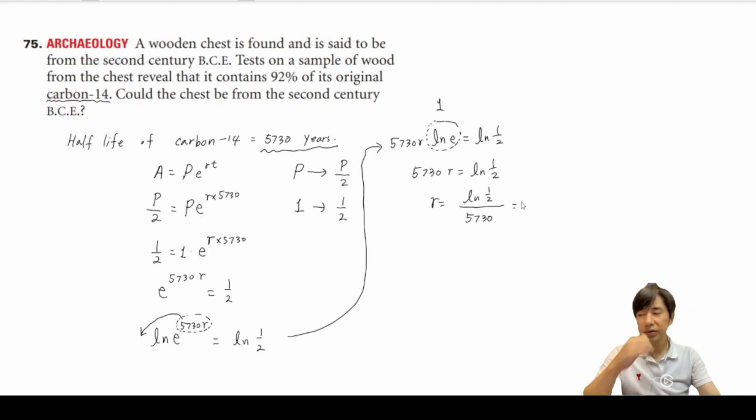So if you put ln 1/2 divided by 5730 into your calculator, you get this number, negative 1.20968094 times 10 to the power of negative 4.